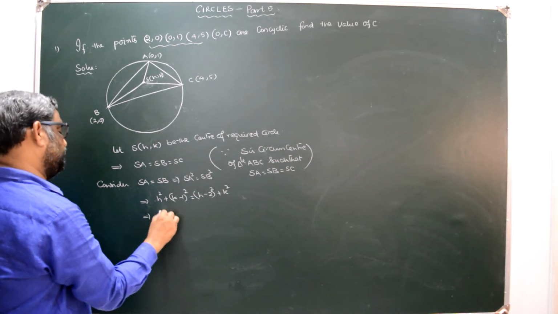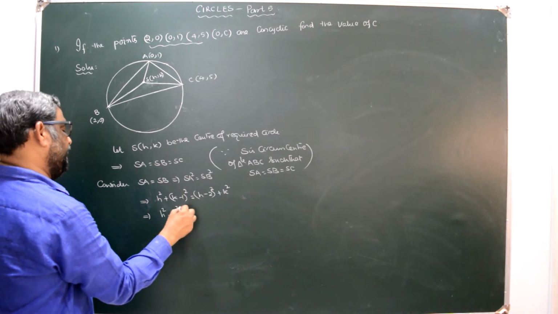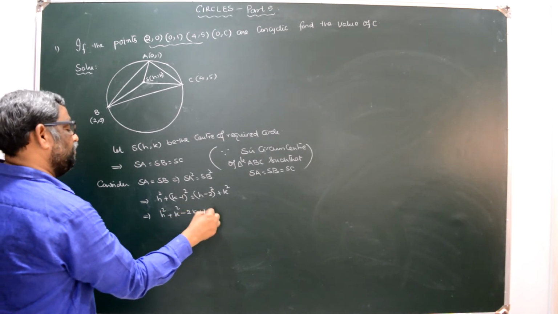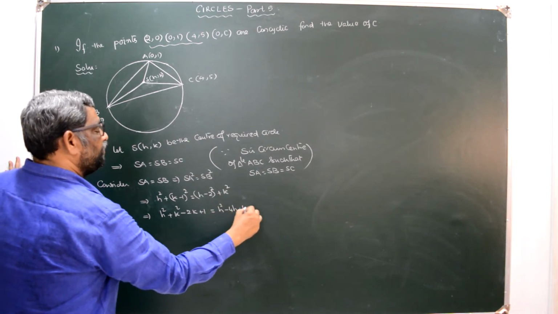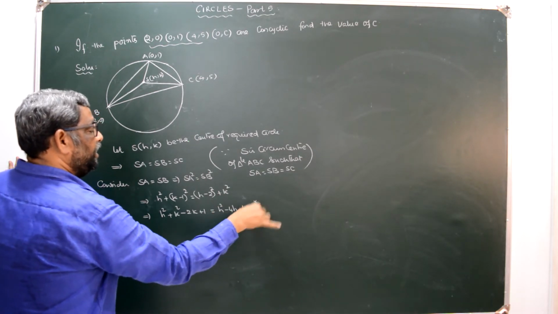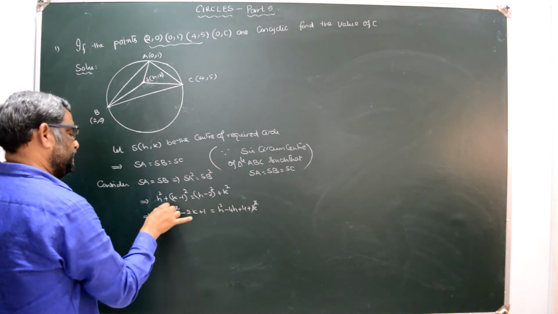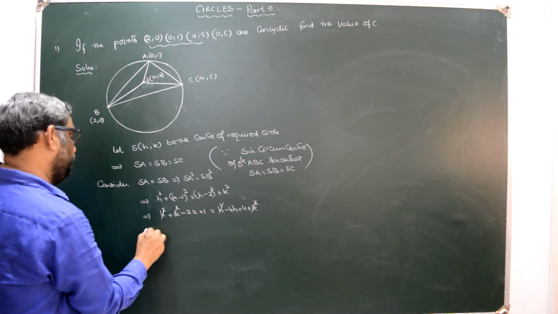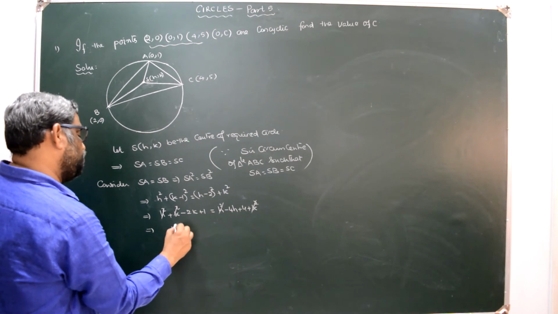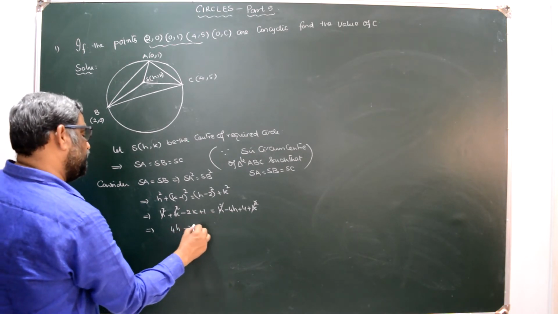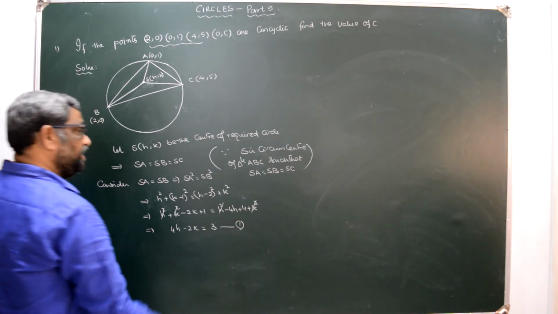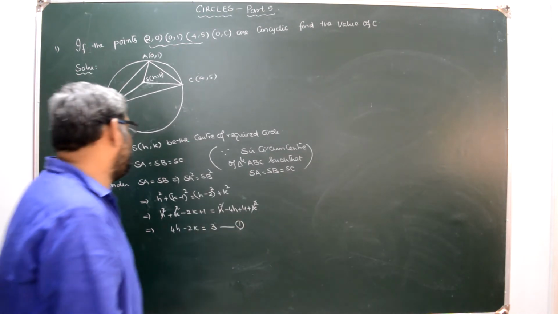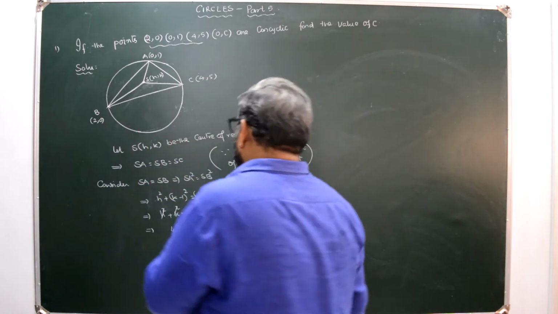Now H square plus K square minus 2K plus 1 equals H square minus 4H plus 4 plus K square. You can cancel K square and K square, H square and H square. This gives 4H minus 2K is equal to 3. You can call this the first equation.